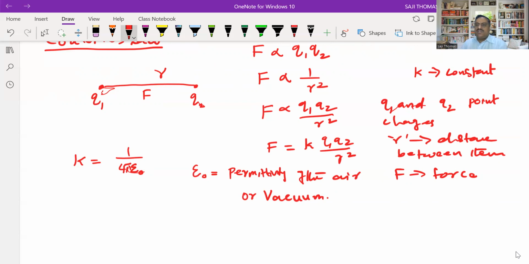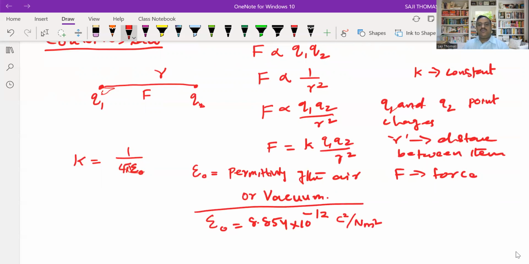For air, we denote it as epsilon 0, and its value is 8.854 into 10 raised to minus 12 Coulomb square per Newton meter square.